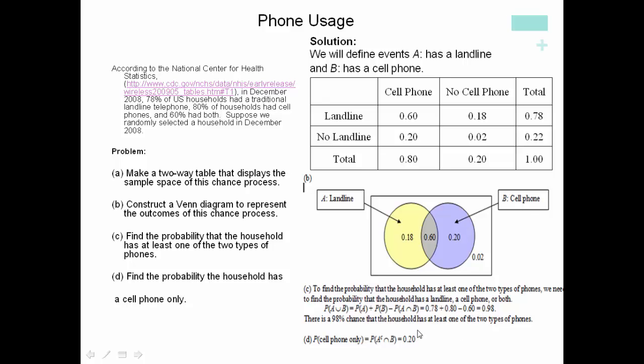So our total is 0.98. So that means 98% chance the households had at least one of the two types of phones. Find the probability the household has a cell phone only. So that would be the probability of A complement intersect B. So that probability that they have only a cell phone but no landline is 0.20 or 20%.